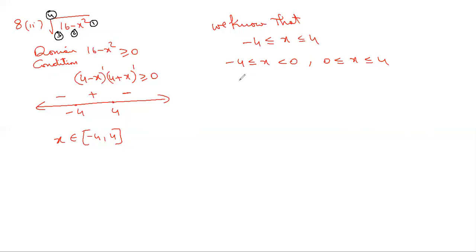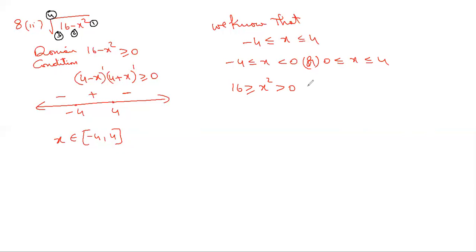So if you simplify this, squaring on both sides, minus 4 whole squared is 16, and because of the negative numbers, the inequality is reversed: 16 is greater than or equal to x squared, which is greater than or equal to 0. Because you're dividing the same set into two parts, there is an 'or' between them. You want x to be a negative number satisfying this, or a positive number satisfying this.